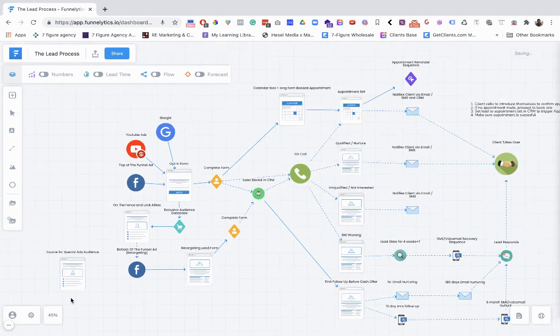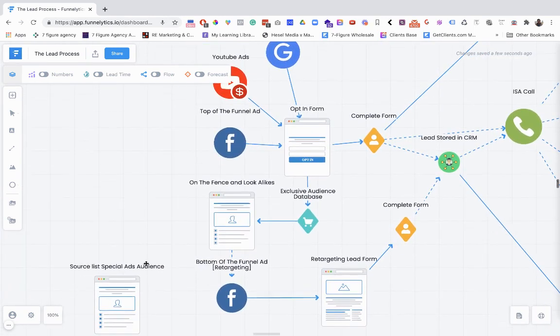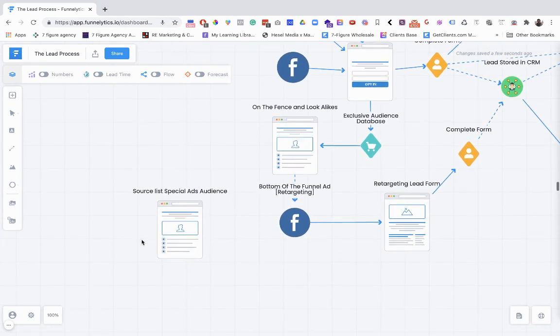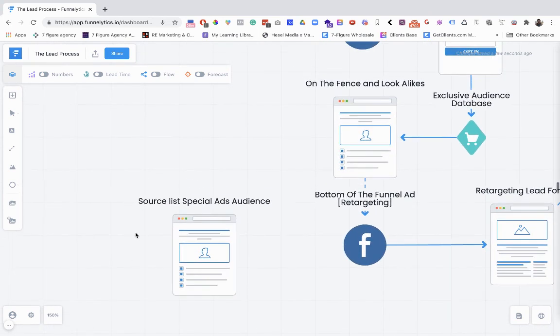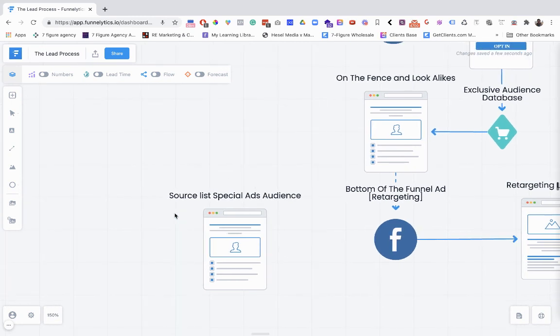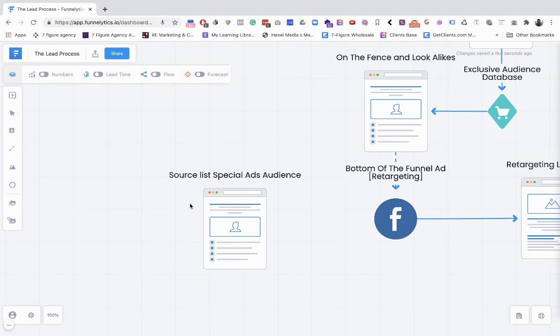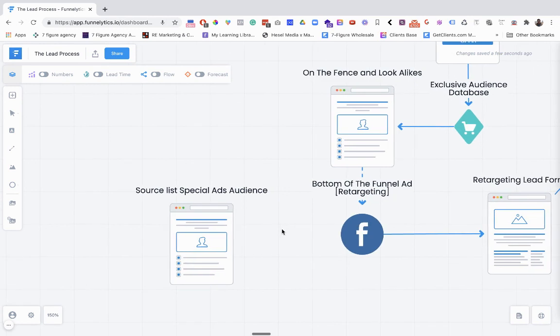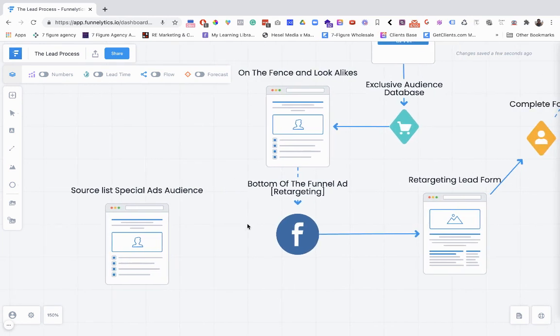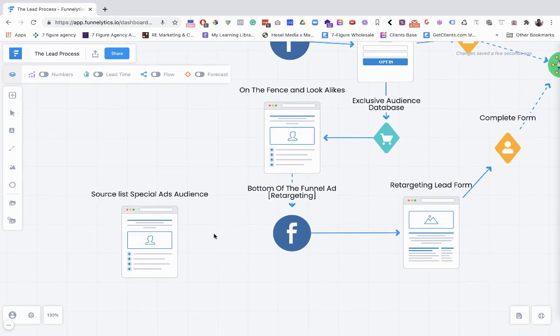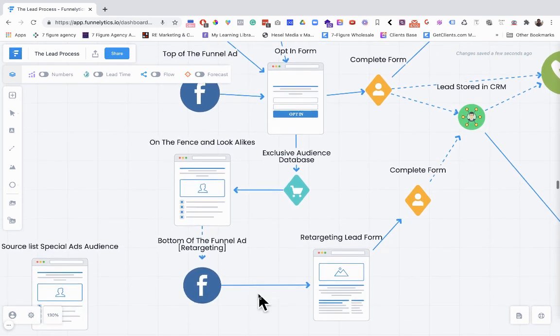Now, there's another thing that we can also do. If you have a huge list, let's say a source list from somewhere, that you have skip traced, gathering all the information from potential homeowners that fit your criteria as a potential motivated seller, and this list is over 5,000 or 10,000 contacts, you can give it to us and we will upload it to Facebook to match those users, and we're going to try to retarget them through retargeting campaigns.